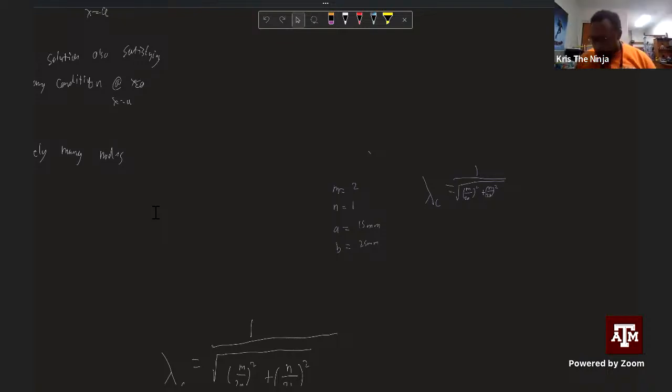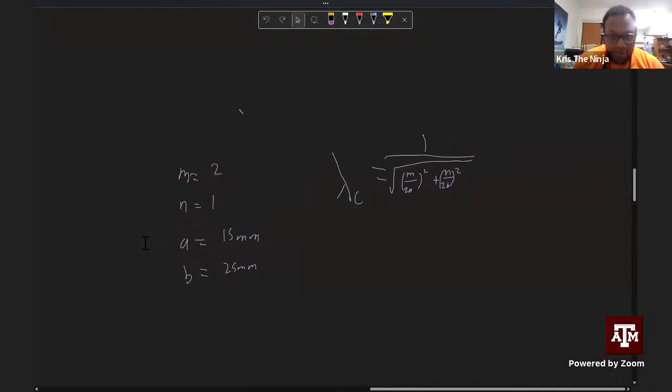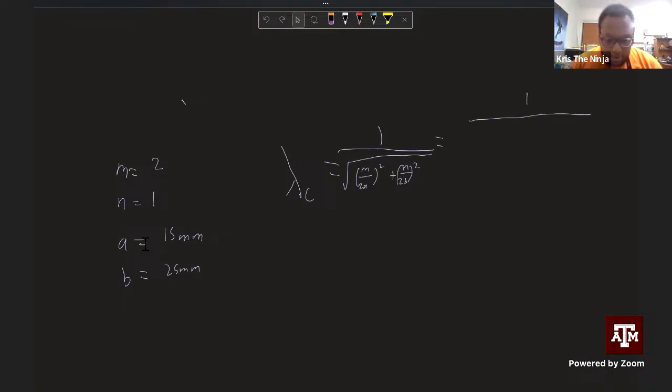So we'll plug in the values. Let me zoom in a little bit for those who have a hard time seeing things sometimes. We'll do this equals 1 over the square root of 2 over 30 millimeters.